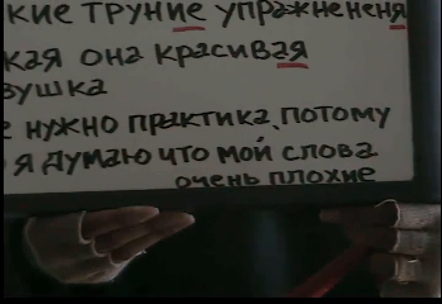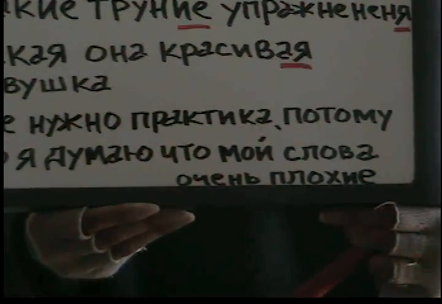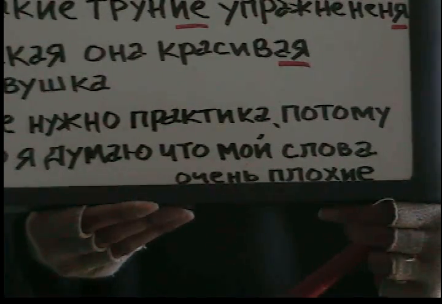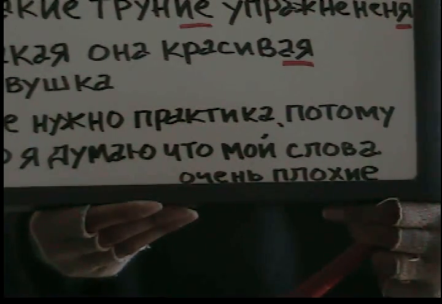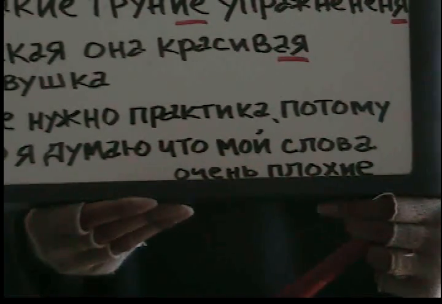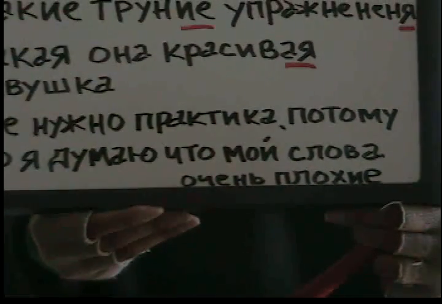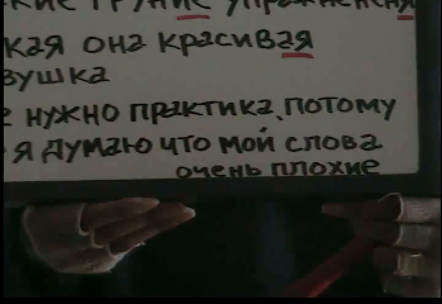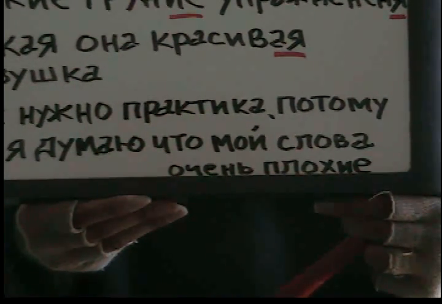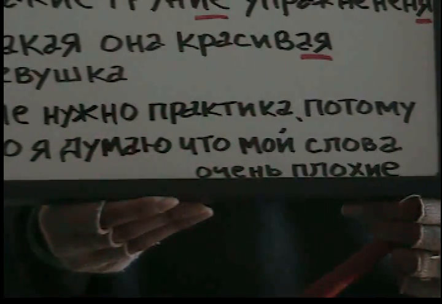We had the a there, we talked about before, and you have words. And now we have plokhie from plokhoi, which is bad, and I add the e at the end because it's plural, the words are bad.